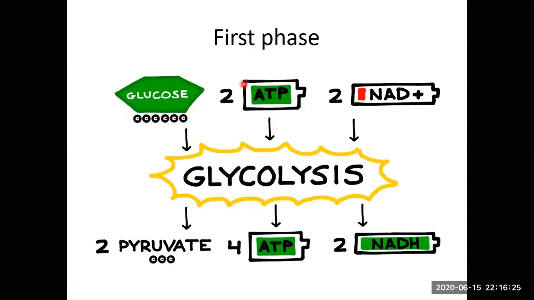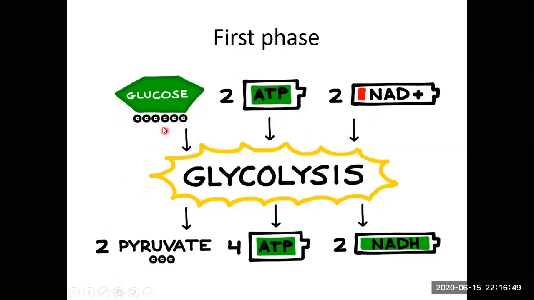After glycolysis, what is happening? Glycolysis is the first phase of cellular respiration, so it requires ATP from outside so that it can break down this glucose into 2 pyruvate molecules. NAD plus is also required. All right, in the first phase, that glucose is converted into 2 three carbon compounds.